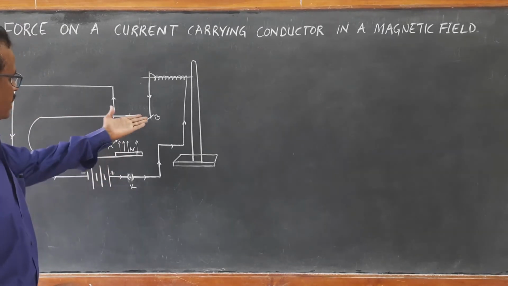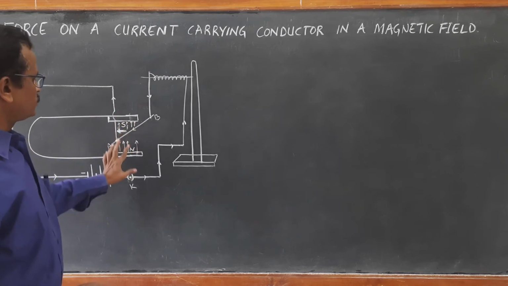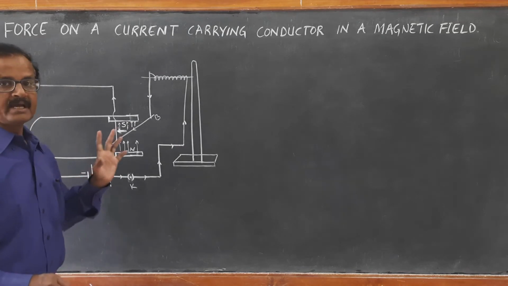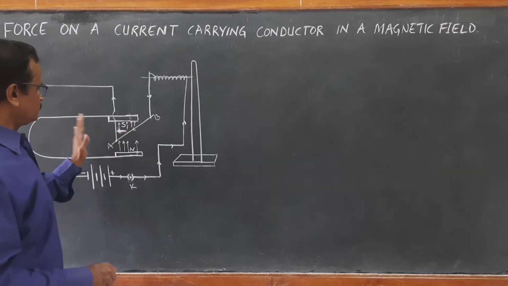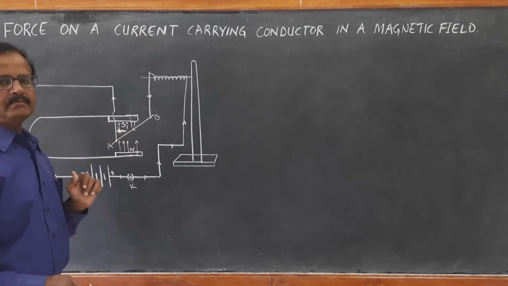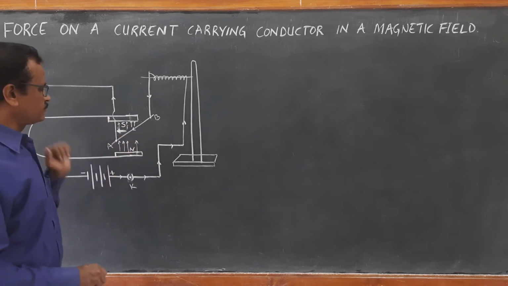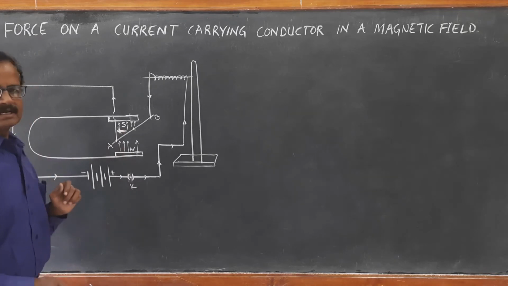When such a current carrying aluminum wire is under a mutually perpendicular magnetic field, it experiences a mechanical force, a kick. As a result, you find a sudden deflection of this aluminum strip in this direction.